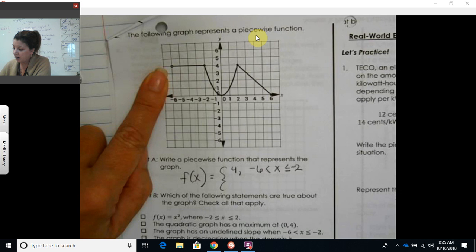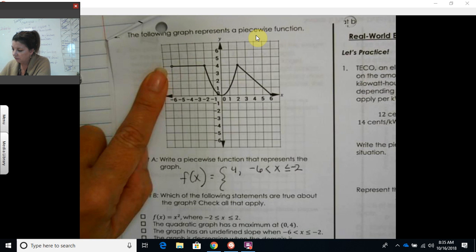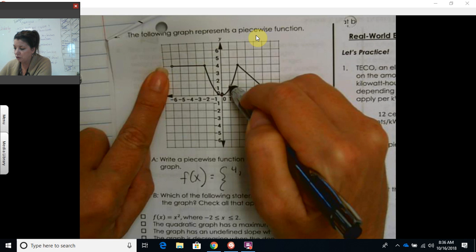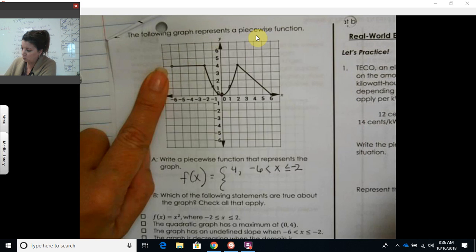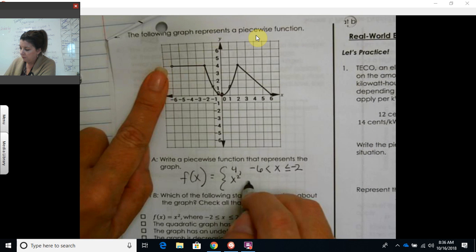All right, how are we going to write this part? Y is equal to x squared. That's a parent function of a quadratic. We haven't really graphed quadratics much this year, but that is just a parent function. I know that because it has a vertex of 0, 0, has a point at 1, 1, 2, 4, so that is just x squared.